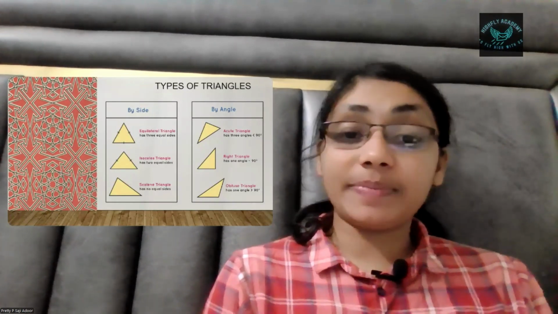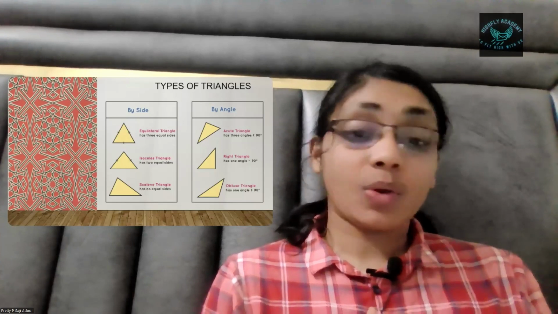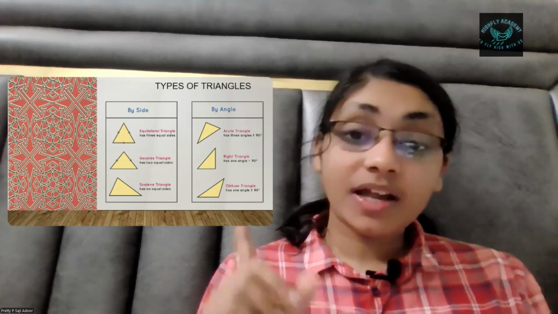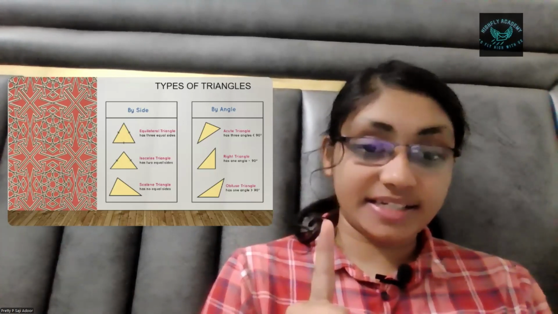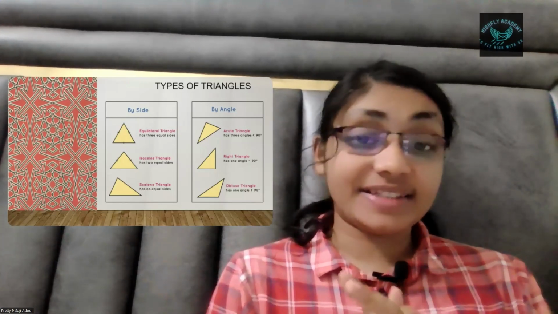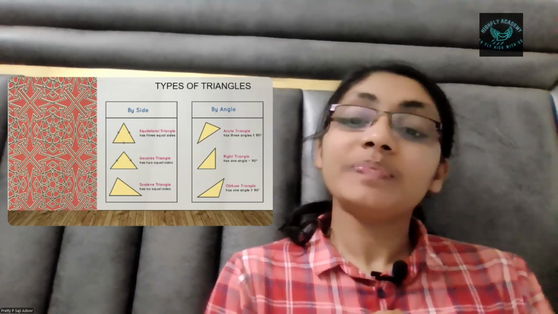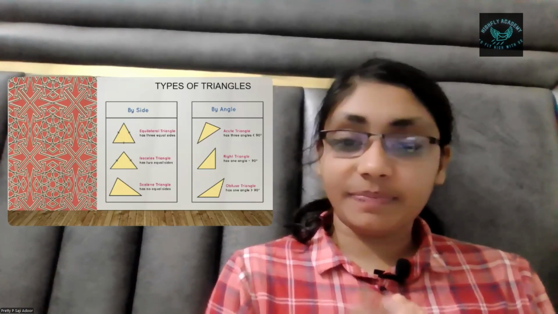And the second type is the most familiar one, that is the right angle triangle. What is a right angle triangle? One angle must be 90 degrees. Then what about the other two angles? The sum of the other two angles will also be 90 degrees. This is all about the right angle triangle.